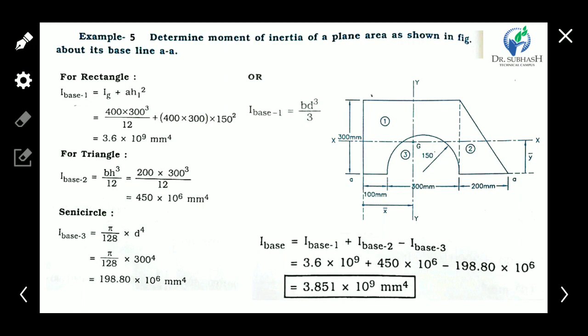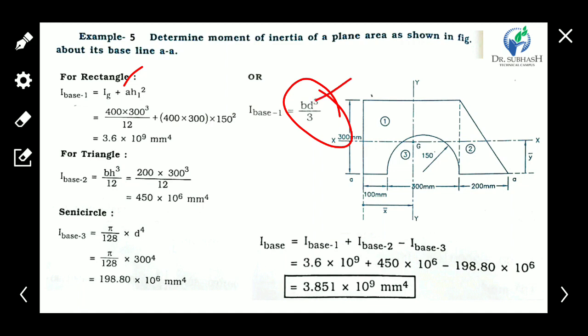Now we have direct equations. We have to find out the moment of inertia about the base, the A axis. So we have direct equations about the base for the regular shapes, that means the rectangle, triangle and semicircle. So first go for the rectangle and find out the moment of inertia of the rectangle about the base, and we have the direct equation: bd cube upon 3 about the base.